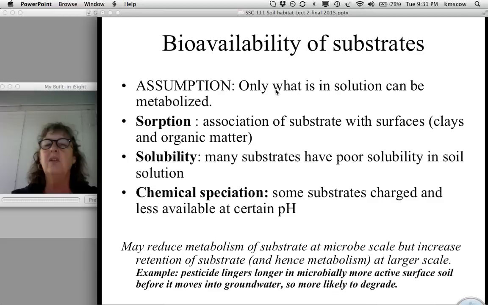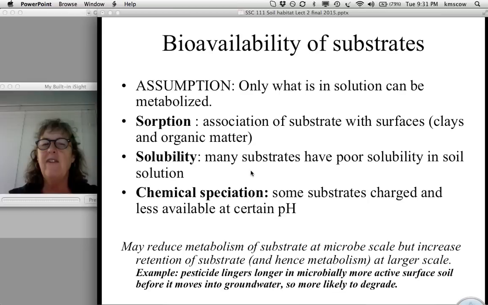So some of the processes that reduce the concentration in solution, because a fraction of that solute, that substrate we're talking about, is going to be associated with soil surfaces, clays, and organic matter through sorption. We already mentioned this before, but sorption is a process where the substrate is held at the surface of particles through different kinds of chemical associations.